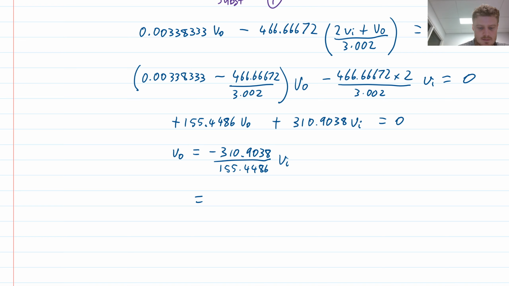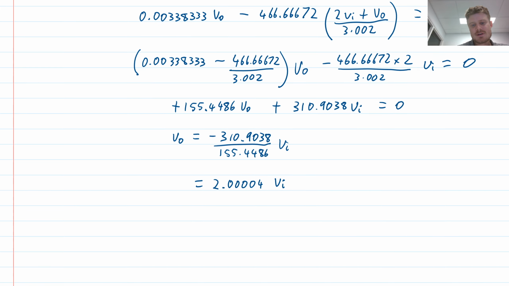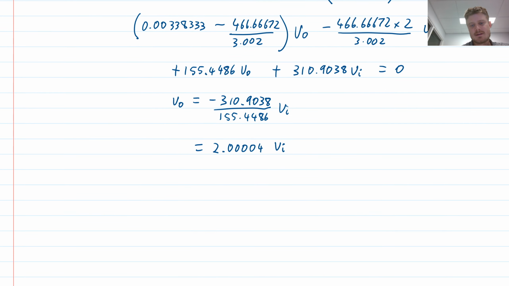And if I take that, the answer that I get is 2.00004 times Vi. Okay, so it's very, very close to our ideal gain of 2.